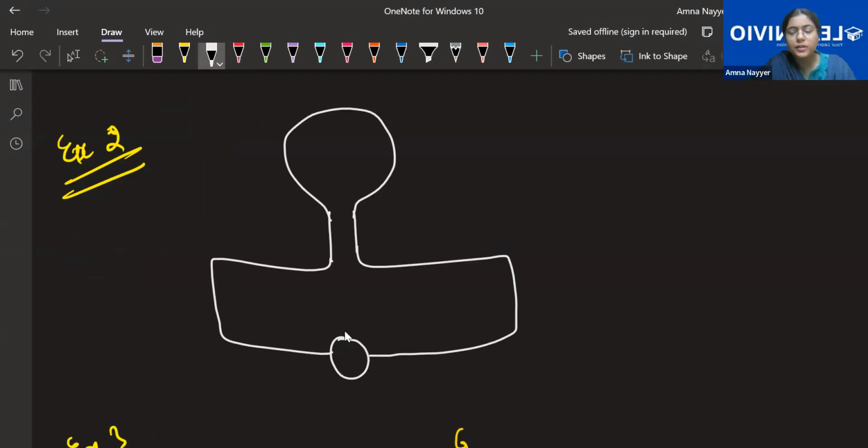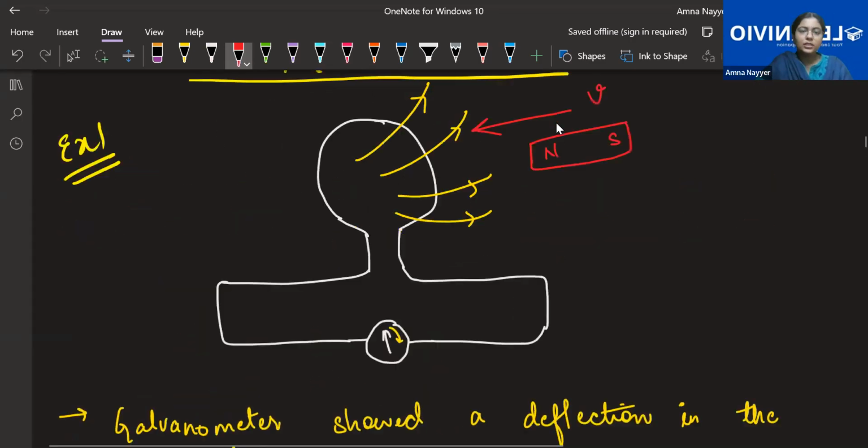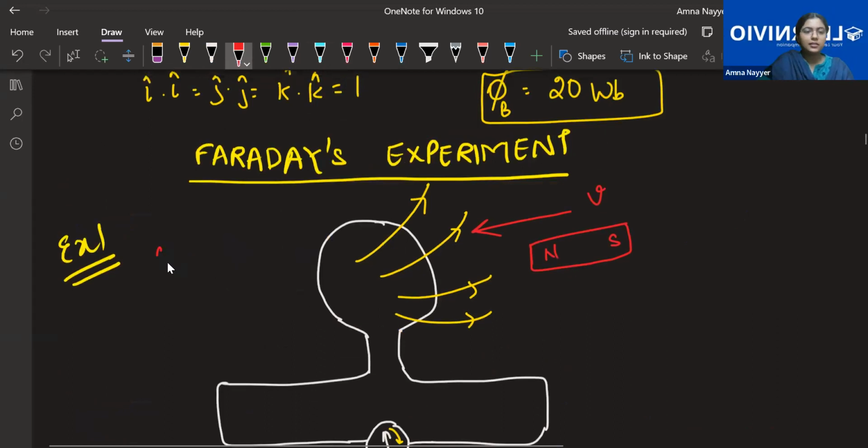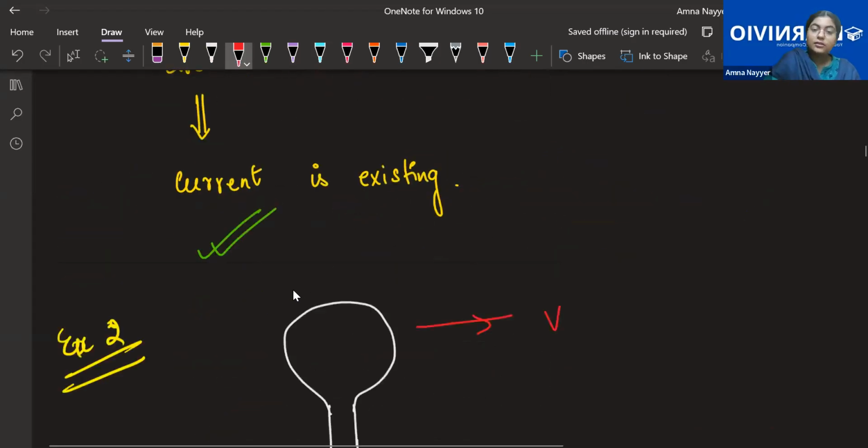That is also fine, but just mention what is the resistance of the galvanometer. Okay, so this is it. Now see, it was observed that here instead the coil was moved. In the first experiment the coil was at rest. But here the coil is moving.